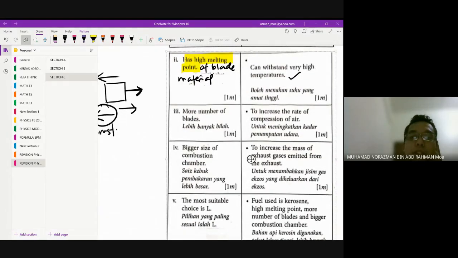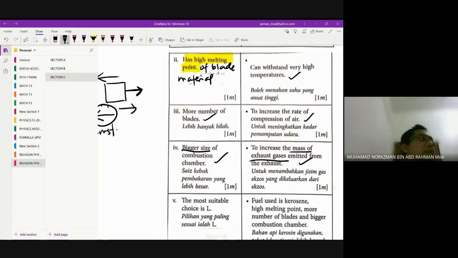Number of blades: more blades to increase the rate of compression of the air. A bigger size of combustion chamber increases the mass of exhaust gases emitted from the exhaust.